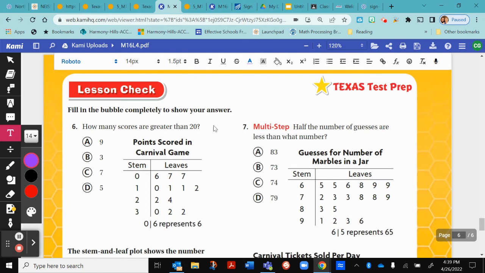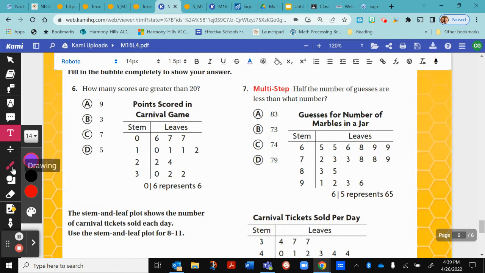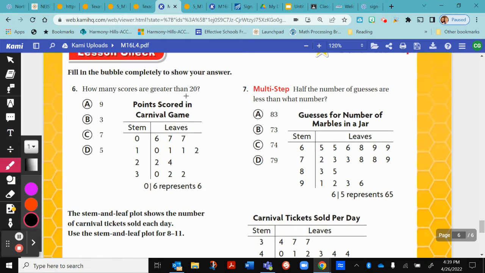How many scores are greater than 20? This should be easy. What am I going to do? It's going to be greater than. You better circle that greater than, and underline that 20. That 20 greater than is so important. So I'm going to stem 2, and I'm looking here. My leaf is 22.